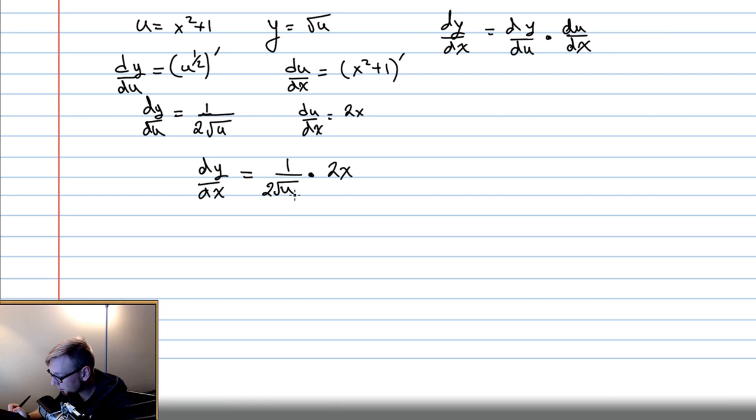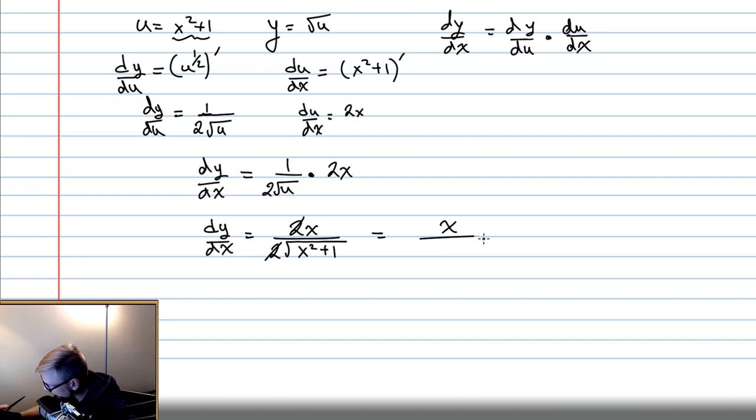Everywhere there's a u, we plug in the function. Now we've got dy/dx equals 2x over 2 square root of x squared plus 1. Cancel out the 2's, which gives us x over the square root of x squared plus 1. Just like that.